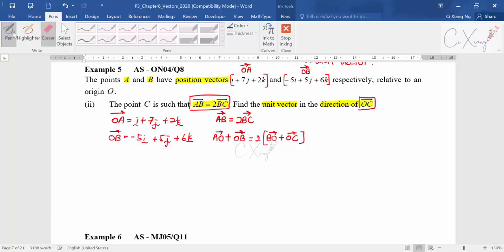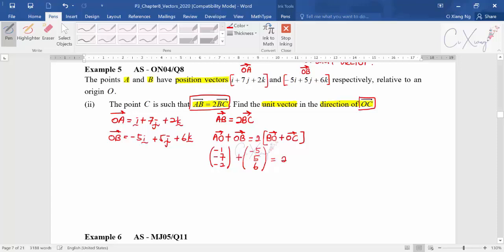So usually I write it in column vector form. In my opinion, it looks better and is also easier for me to add or subtract vectors. So if I write it out, it should be -1, -7, and -2, plus OB. For OB, I'll just copy -5, 5, and 6.